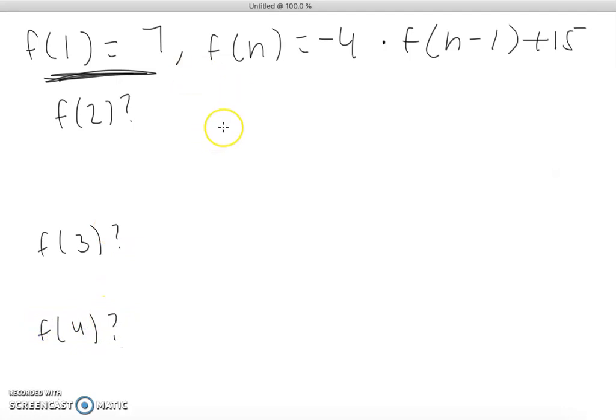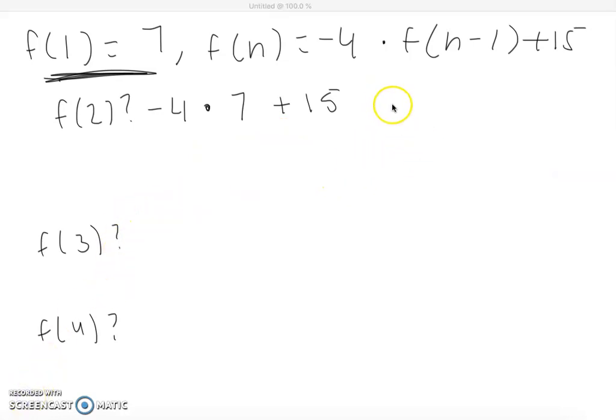Okay, so all we're going to do, same thing we did last time, except for the f of 2, we're going to do negative 4 times the before term, so f of 1, which is 7, and then you add 15. In this situation, you would need to use PEMDAS because it's a little complicated if you don't do it right.